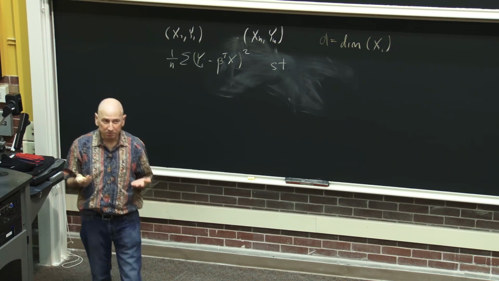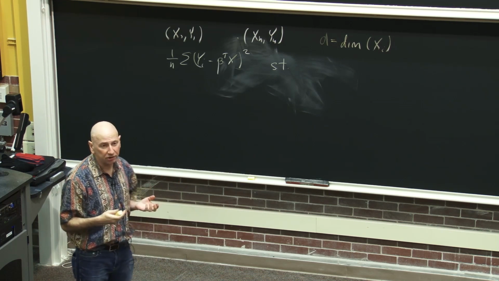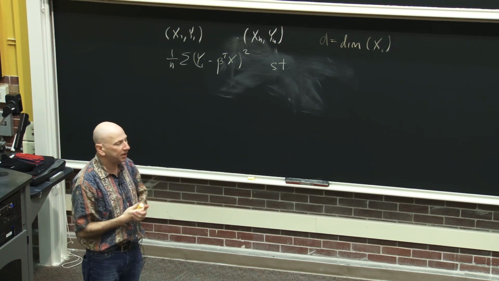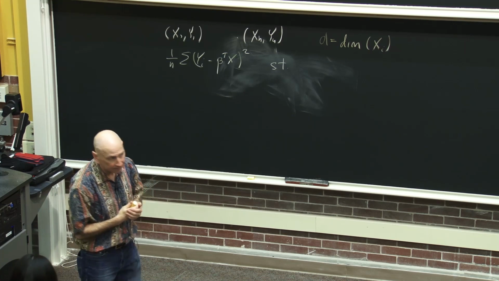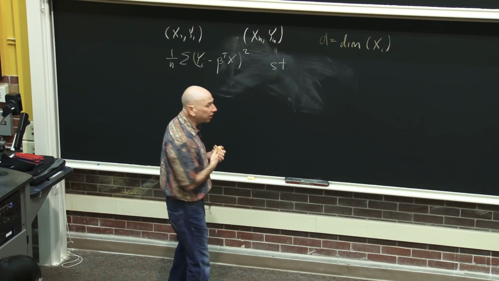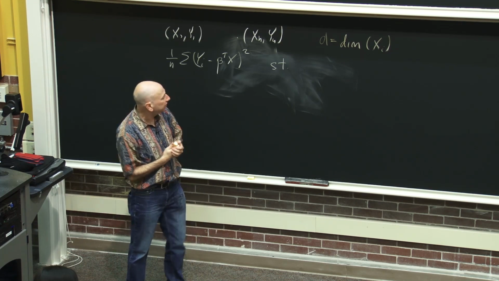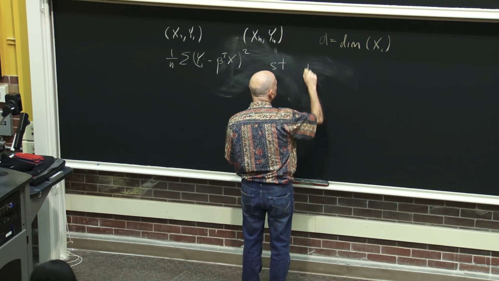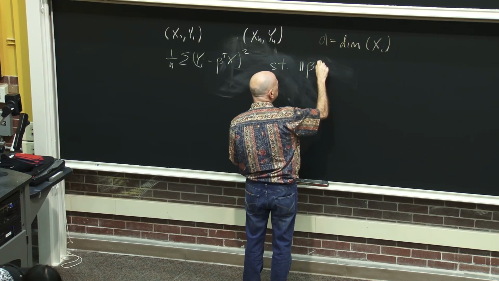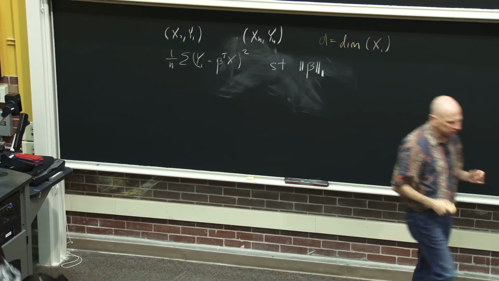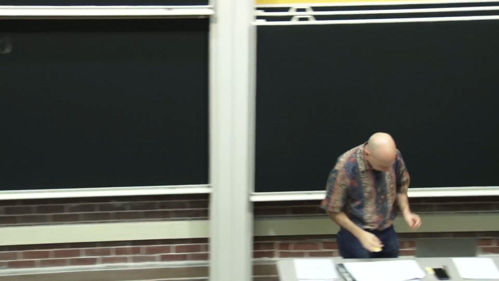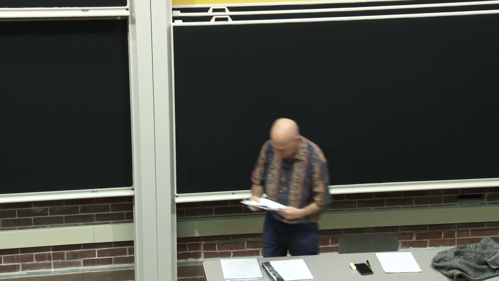Ideally, we wanted to minimize this subject to an L0 constraint, that the number of non-zero betas could be at most some fixed number. But we saw that that's not easy to do. It's NP hard. So we relaxed it to the L1 norm, which, as we saw, is some measure of sparsity being less than some constant.